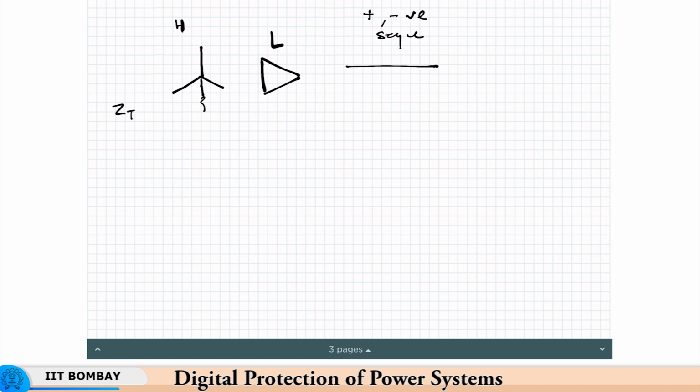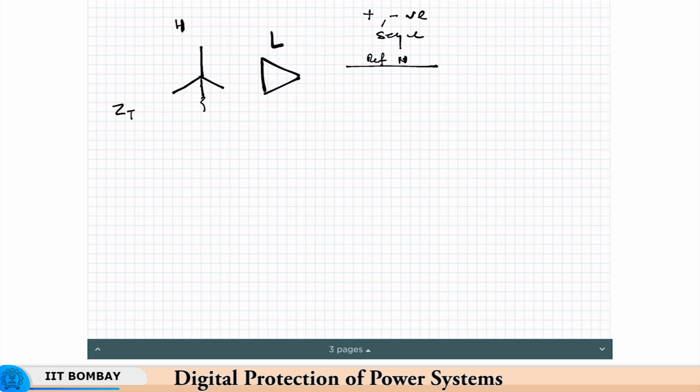Okay. So, now consider that we have a star grounded, and that is the high voltage side, and the low voltage side is delta connected. For positive and negative sequence, consider that ZT is the leakage impedance of the transformer, and this is the reference bus.